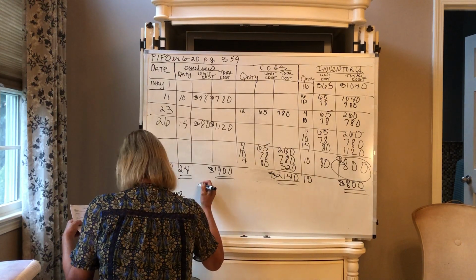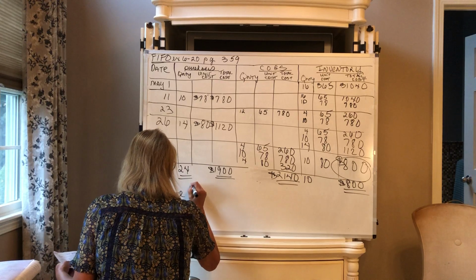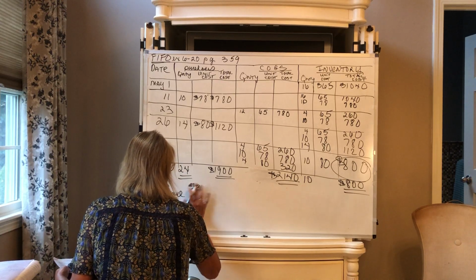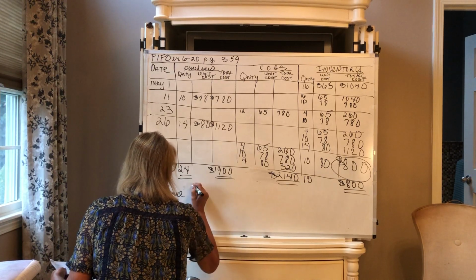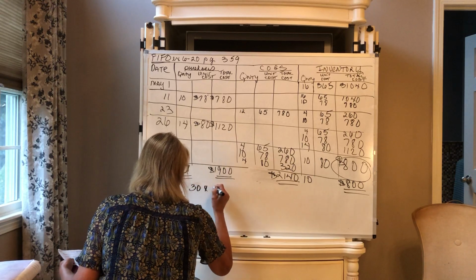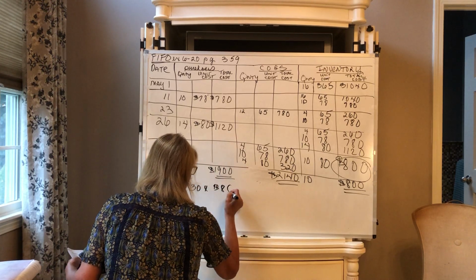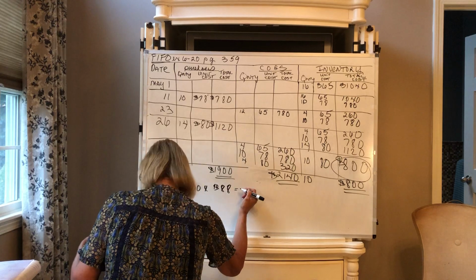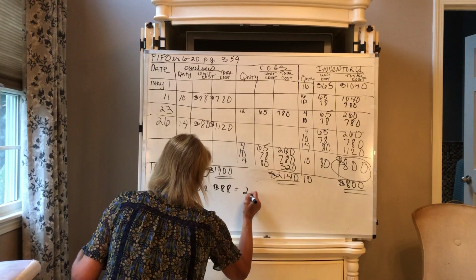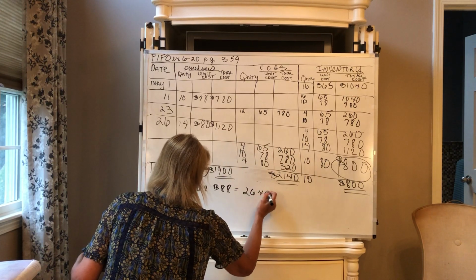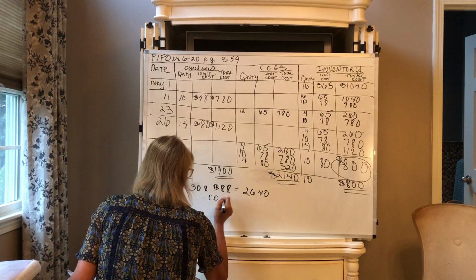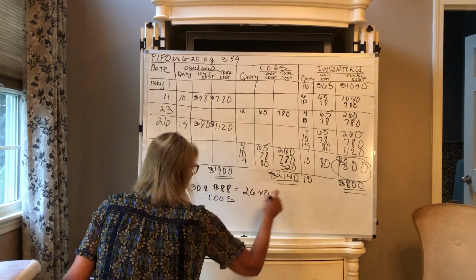Sales revenue is 30 tires. We charged them $88 each. So that equals $2,640. Revenue minus cost of goods sold, $2,140.